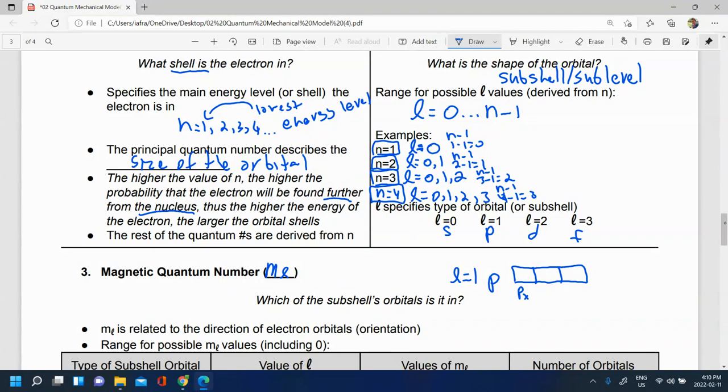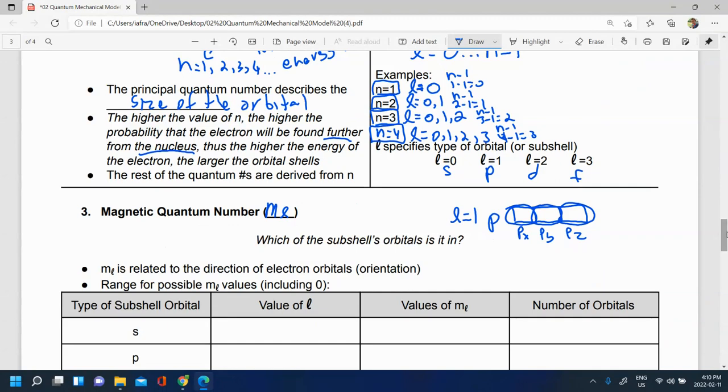There's the Px, the Py, and the Pz. So this ML value here that we're going to figure out will tell you which one you're in. Are you in Px? Are you in Py? Are you in Pz? That's what it's going to tell you.